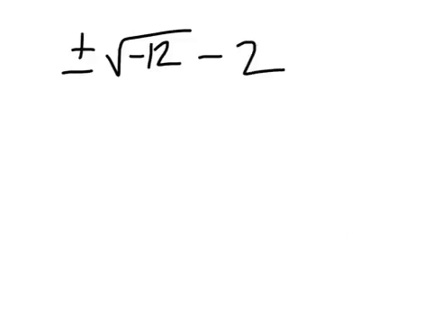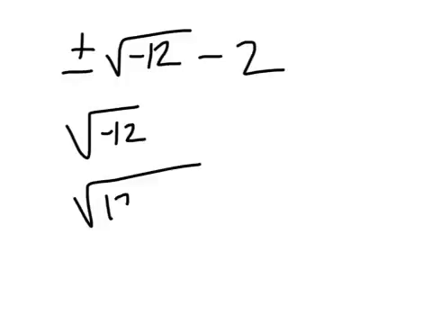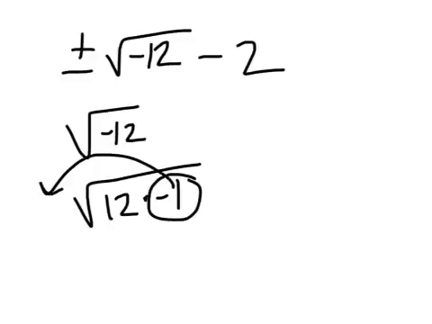Now, the square root of negative 12 is not a real number, but we can say plus or minus i times the square root of 12, because the square root of negative 12 can be thought of as the square root of 12 times negative 1. And we know the square root of negative 1 is i.